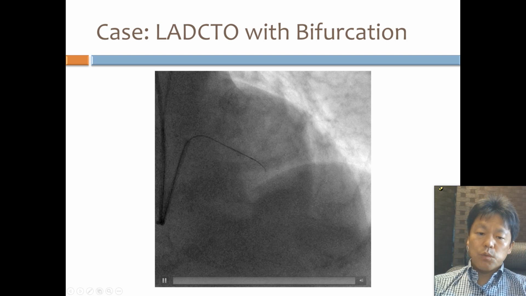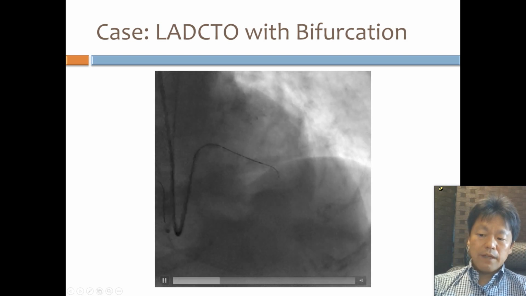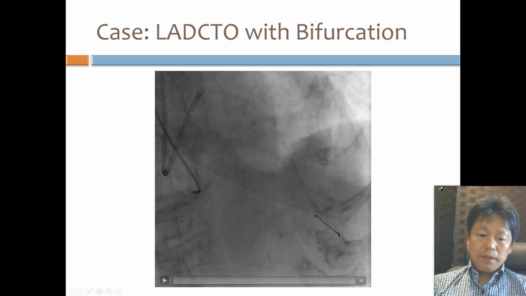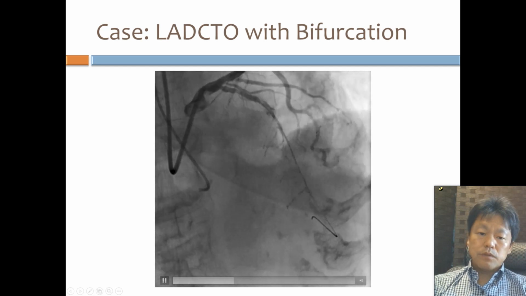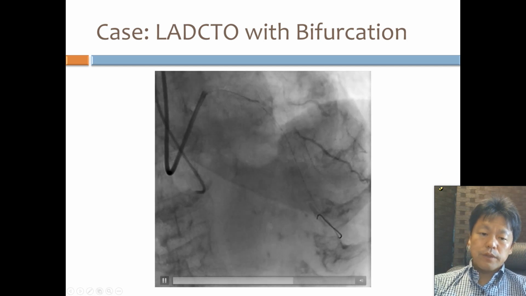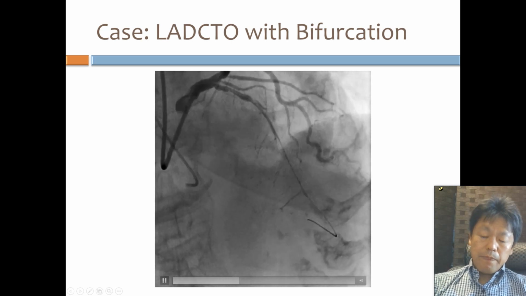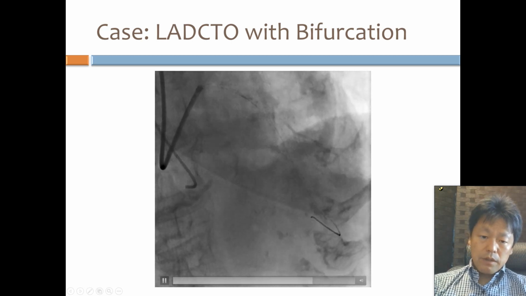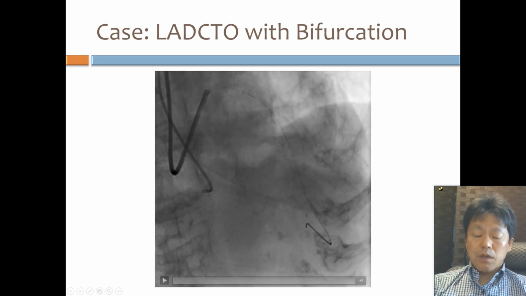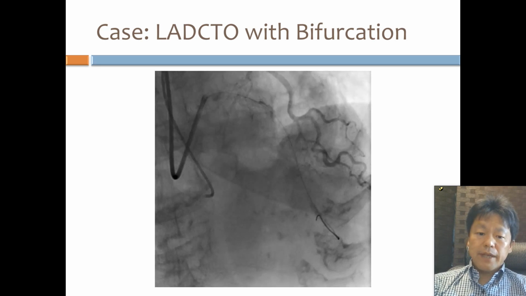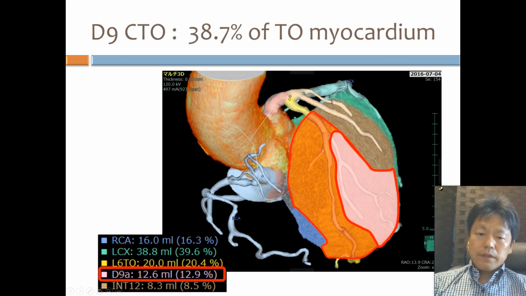Actually, an untagged wire was nicely placed into the distal lumen like this. But after the pre-dilatation, we lost the diagonal. In this situation, just putting the stent is 60% success in terms of myocardial salvage. 40% is the diagonal.